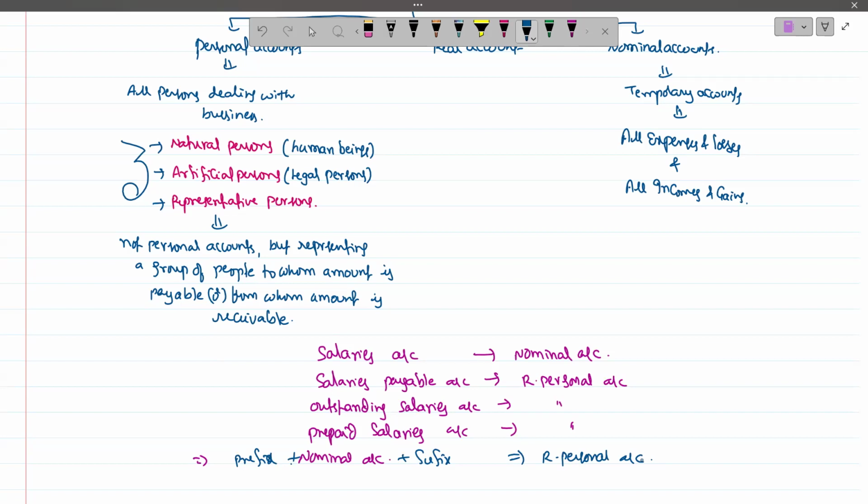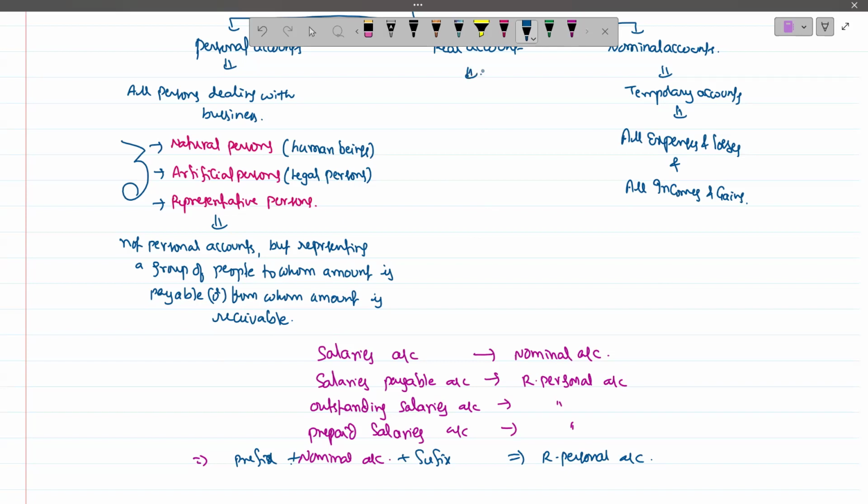That's why everywhere we use the name of the service, like rent, salaries, interest, printing and stationery, traveling, etc. Nowhere do we use the name of the person. Employee names and landlord names are not used anywhere. That is the basic rule. So this is what is meant by personal account and what is meant by nominal account.